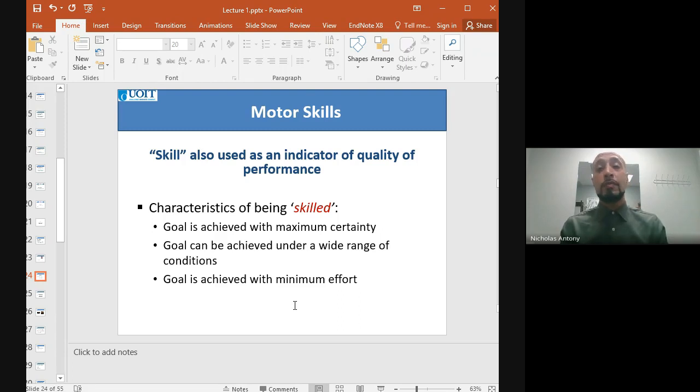Someone that's skilled at something can achieve the motor skill all the time under a wide range of different situations, and they can do it almost effortlessly. It looks like they are way more efficient at doing that motor skill than someone that is learning. Okay, so motor skill is the term skill. Skilled is an adjective.